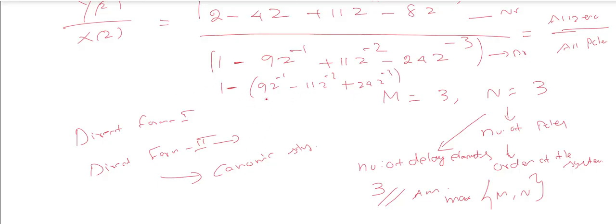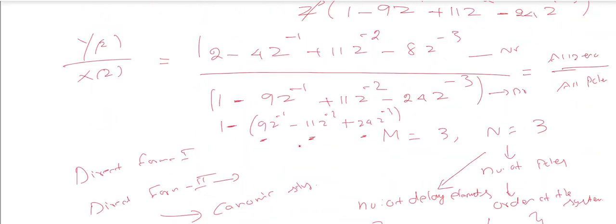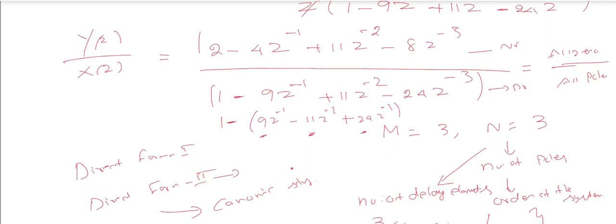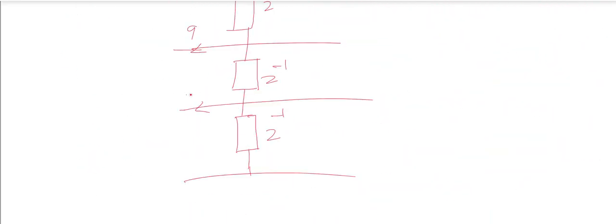So the coefficients are 9, minus 11, 24. 9 for the first delay element, and the second delay element coefficient is minus 11 and plus 24. So this is z inverse with 9, this is z minus 2, this is z minus 3.